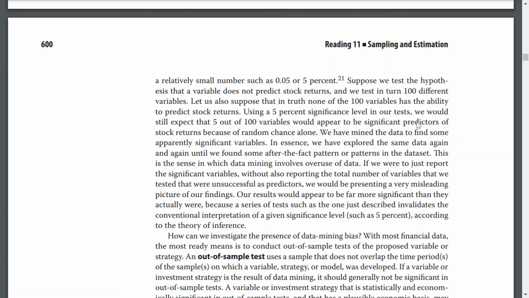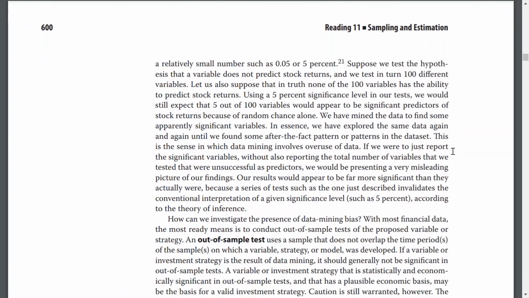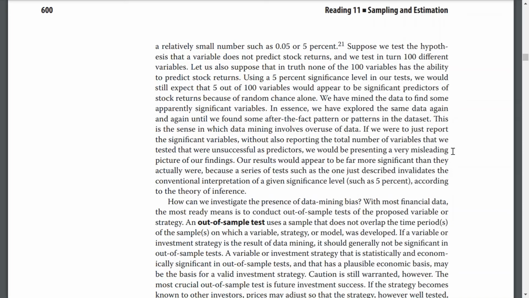Using a 5% significance level in our test, we will still expect 5 out of 100 variables to appear to be significant predictors of stock returns because of random chance alone. We have mined the data to find some apparent significant variable.